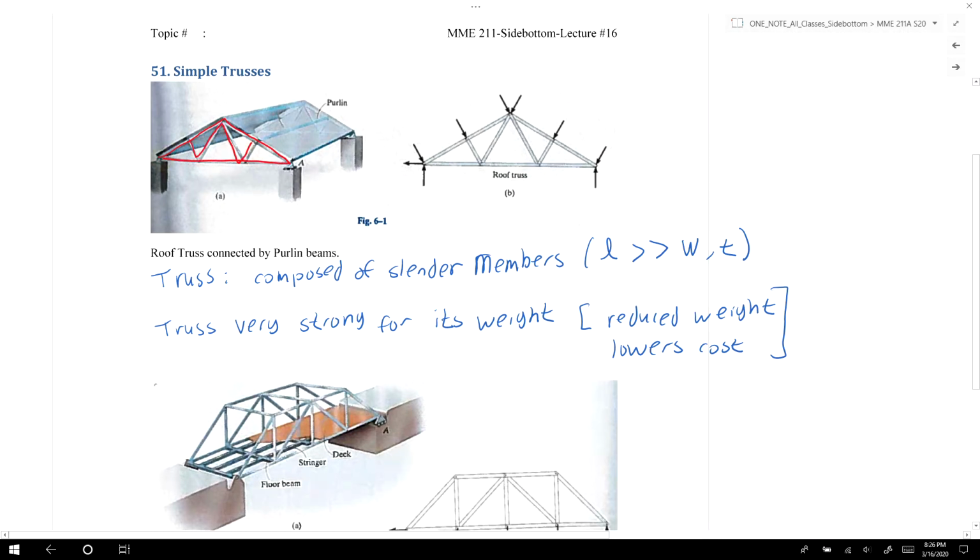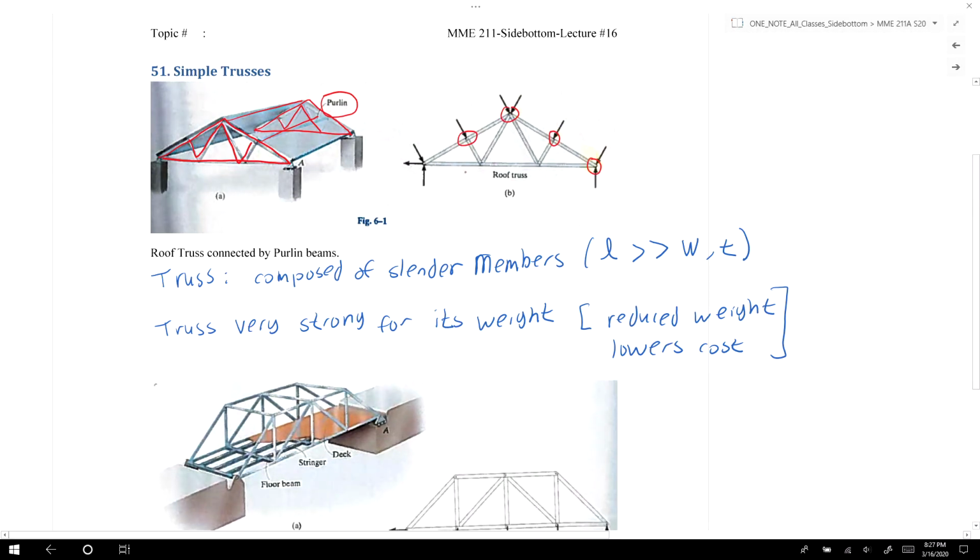This roof truss has two trusses that are connected together using long beams. These long beams are called purlins. The purlins will take the load due to the weight of the roof, and they will transmit that load to the joints of the truss.